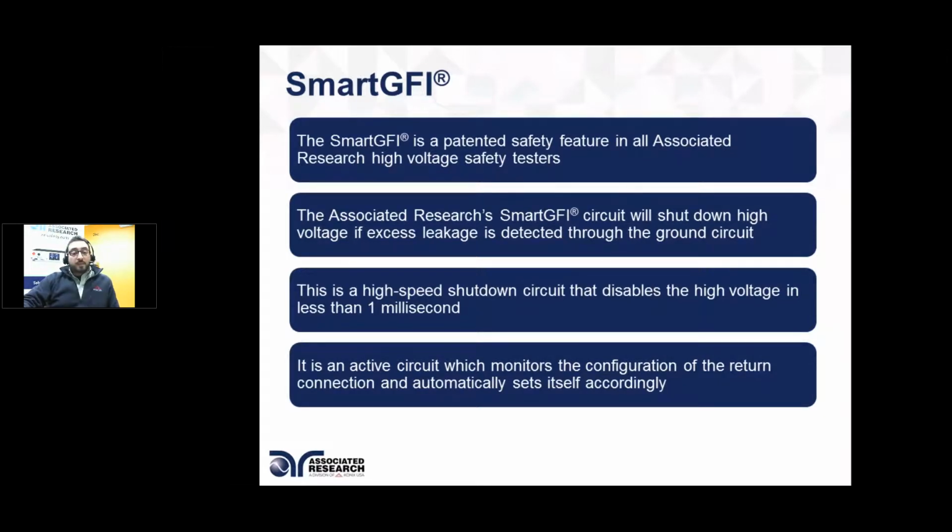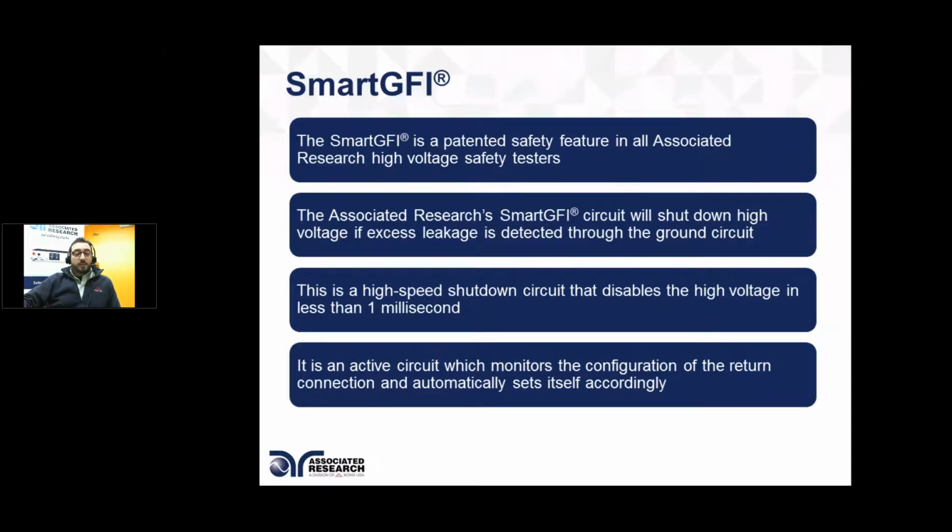During a high-pot test, going back to the circuit diagram that we looked at, when high voltage is applied across any insulation, leakage current tries to flow through that insulation, and that leakage current is coming out of the high-pot test instrument.